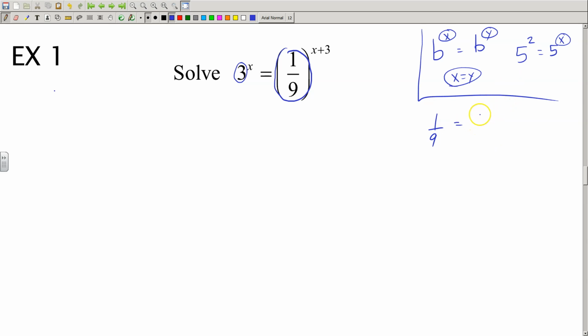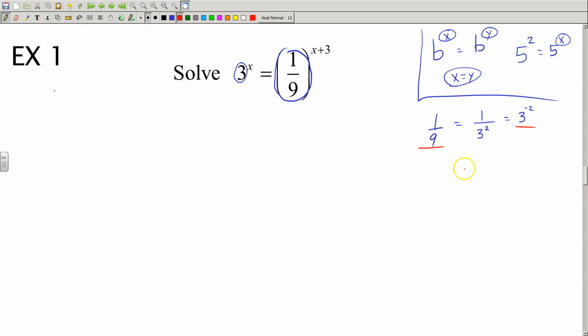Because if you think about 1/9, I could write 1/9 as 1 over 3 squared, which is getting closer. And I can write 1 over 3 squared as 3 raised to the -2. So actually, 1/9 and 3 to the -2, those are the same exact thing.